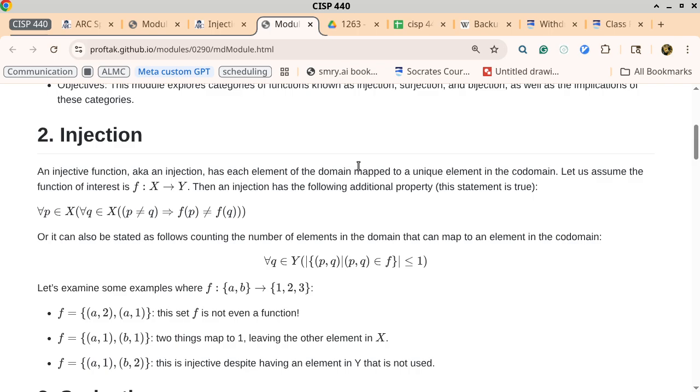So at this point, we're going to assume that f is a function already, a function of interest. Then we have some additional requirement. This particular part is the additional requirement in order for f to also be an injection, or we can also call it an injective function.